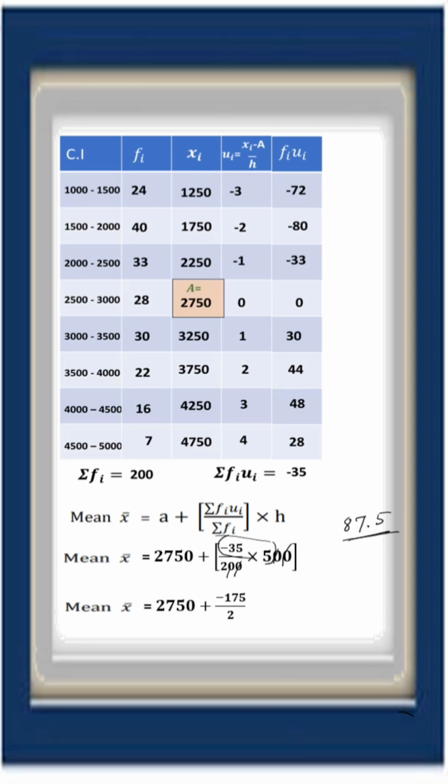So mean is 2750 minus 87.5. If you subtract 87.5 from 2750, you'll get 2662.5.